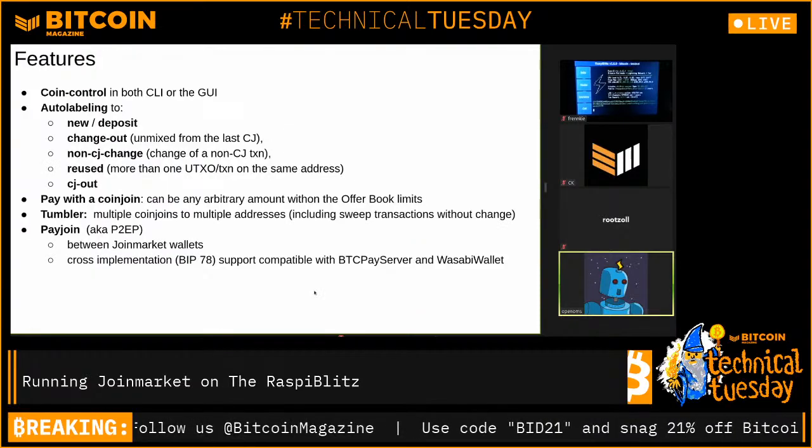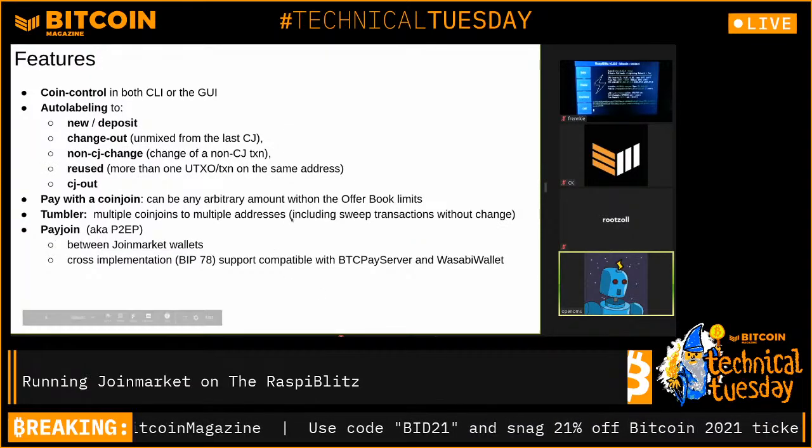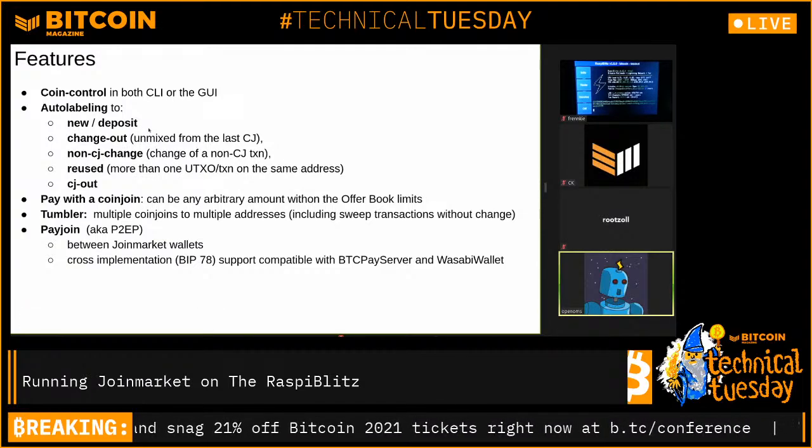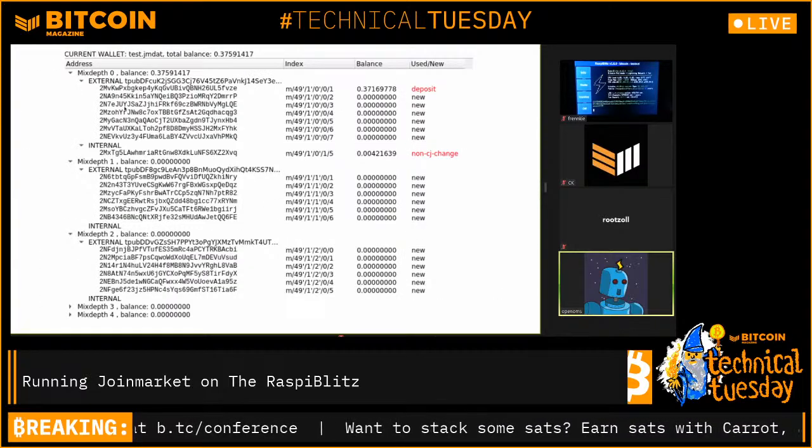Some features implemented in the JoinMarket wallet software are coin control through both the command line interface and the GUI. And also, as you could see here, there is auto labeling happening. There are new addresses which are empty, with no transaction on them. There's a deposit address.